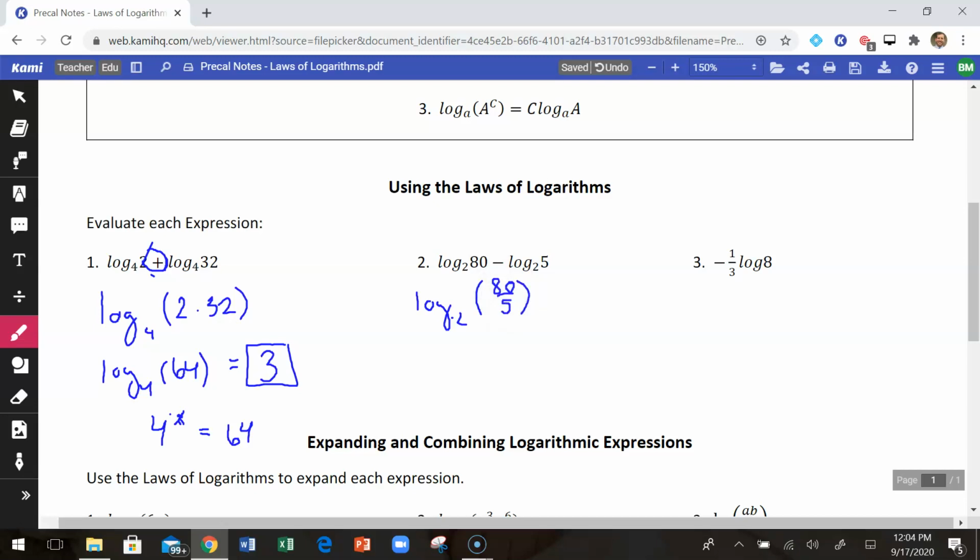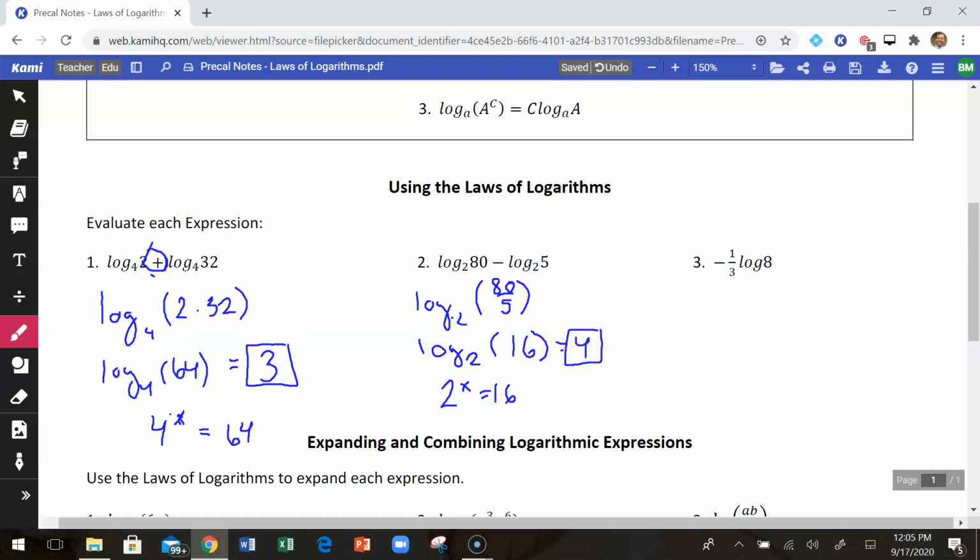So we have log base 2 of 80 divided by 5, which would be log base 2 of 16. And then we can do 2 to what power is equal to 16. And the answer there would be 4. 2 to the 4th is equal to 16.